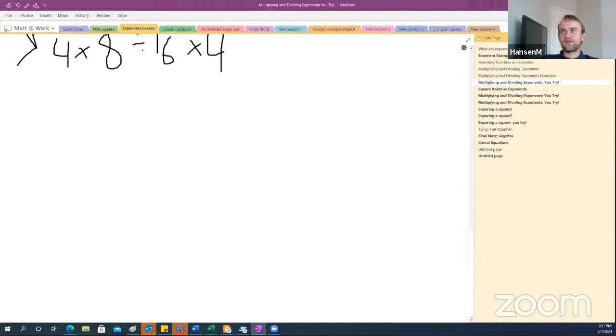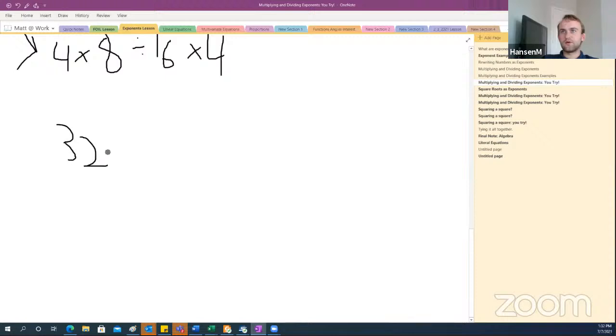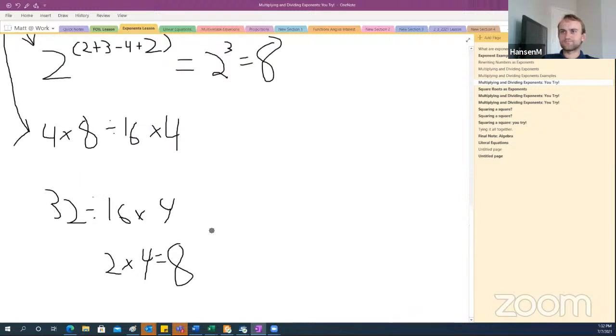And we would have had to have worked it out and said 4 times 8 is 32, divided by 16 times 4. 32 divided by 16 is 2. 2 times 4 to get our same answer, 8.